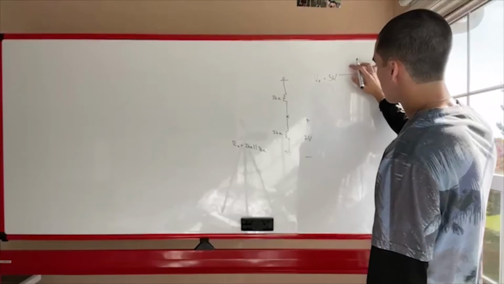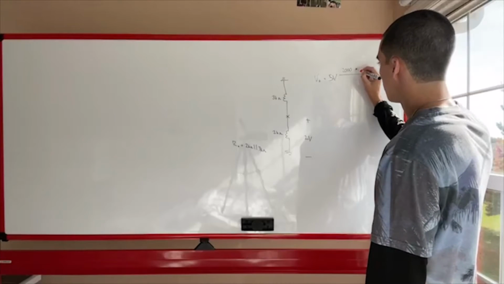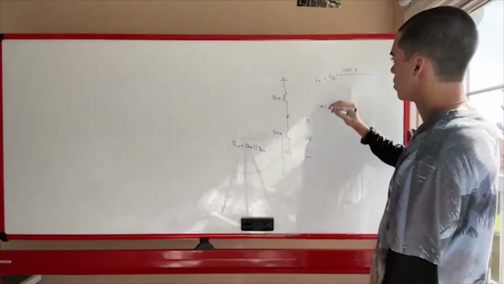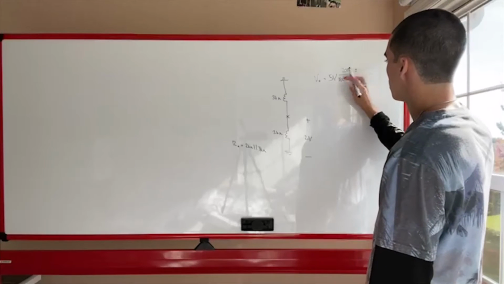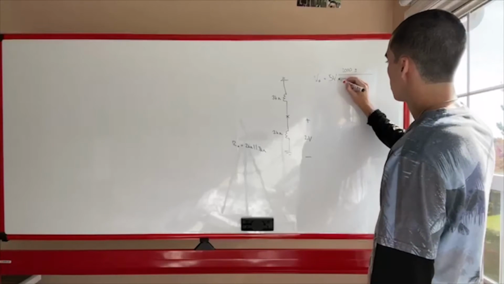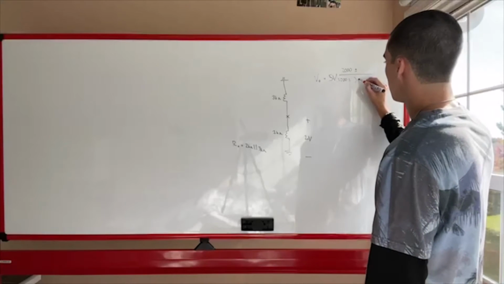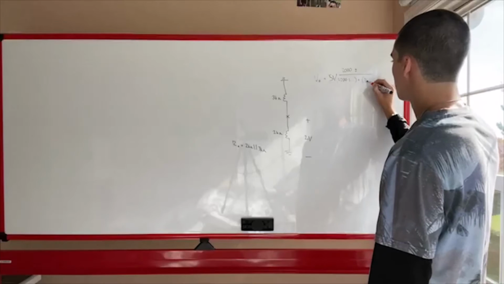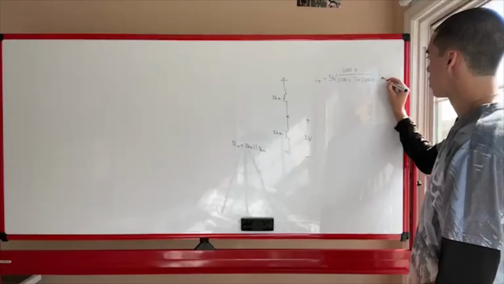But these are going to have a plus or minus 5% tolerance. So this will be 2000 plus or minus 5% of 2000, and then 3000 plus or minus 5% plus 2000 plus or minus the same 5%.